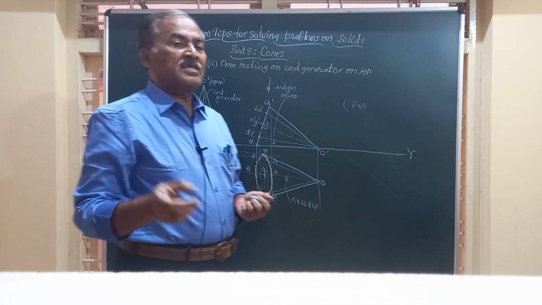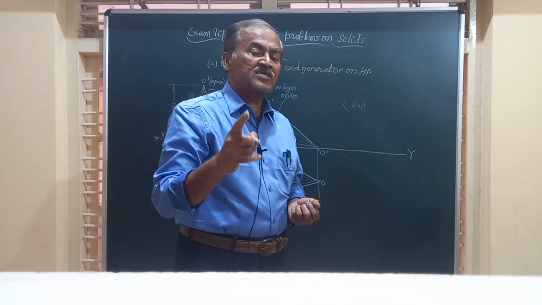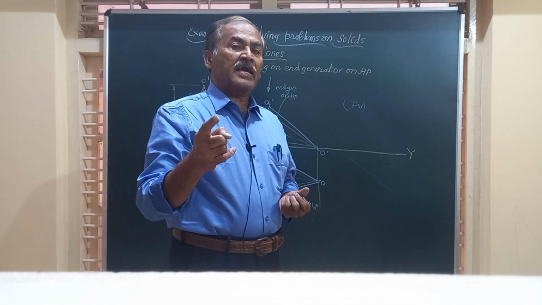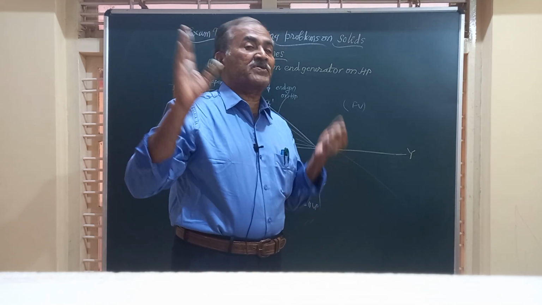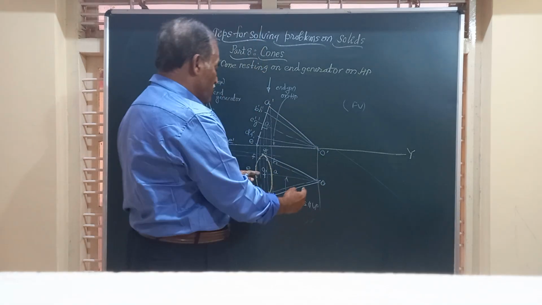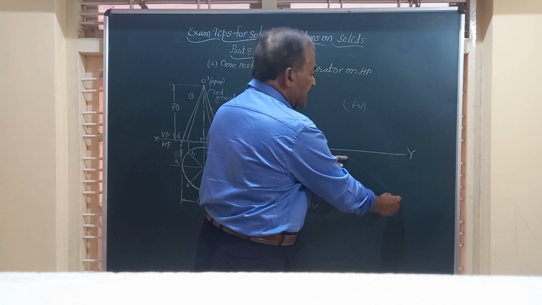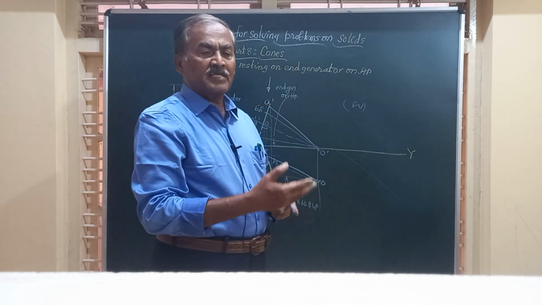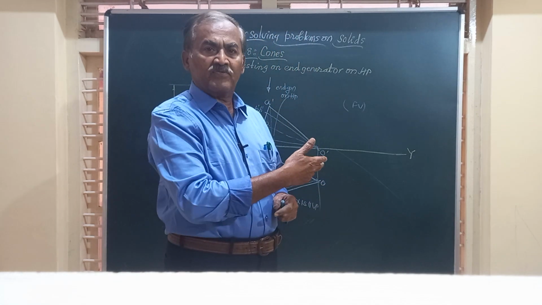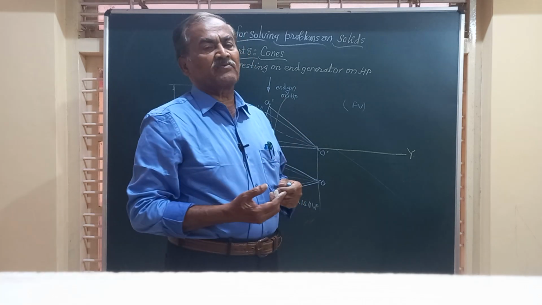And again, in the same question, if they say that the top view of the axis is inclined to VP, so O1 is the top view of the axis, you have to reproduce this again here on the line inclined at an angle of the given value and obtain the front view.